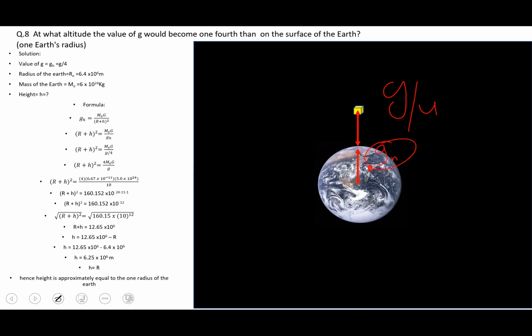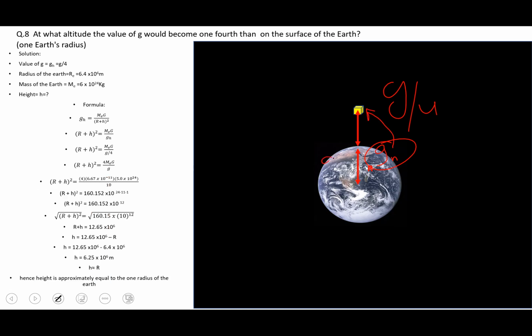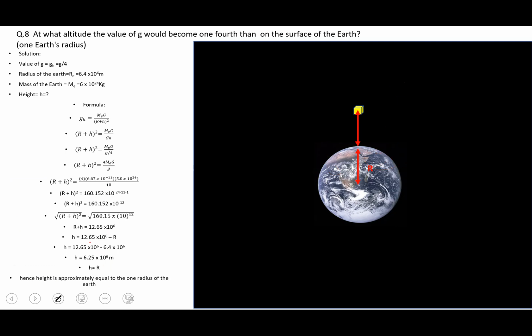This is the concept given to us. We know that G is 9.8 meter per second squared on the surface of the Earth, but as we move away from the Earth, the value of G will decrease to one-fourth if it is moved R distance from the Earth.